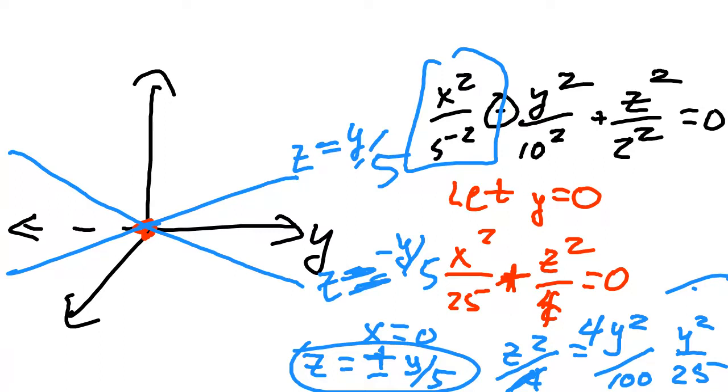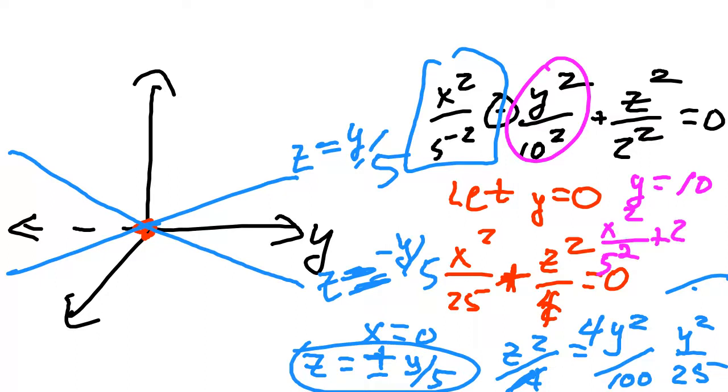So those are two lines that are along the board surface there. And then, we knew it was going to go along the y-axis. Well, what if we had y equals 10? Then y squared over 100 is 1, right? We can add 1 to both sides, and we get x squared over 5 squared plus z squared over 2 squared equals 1.